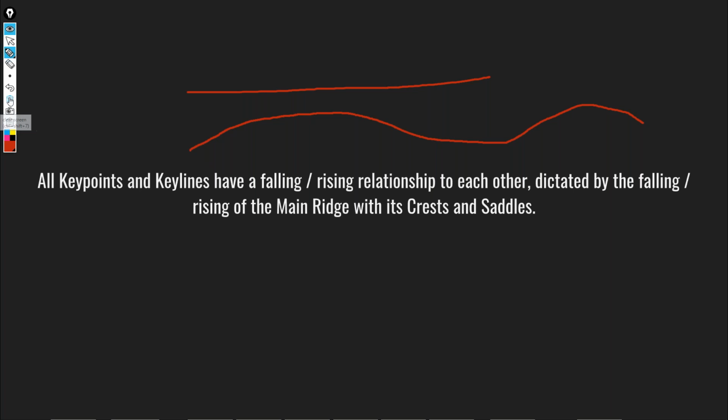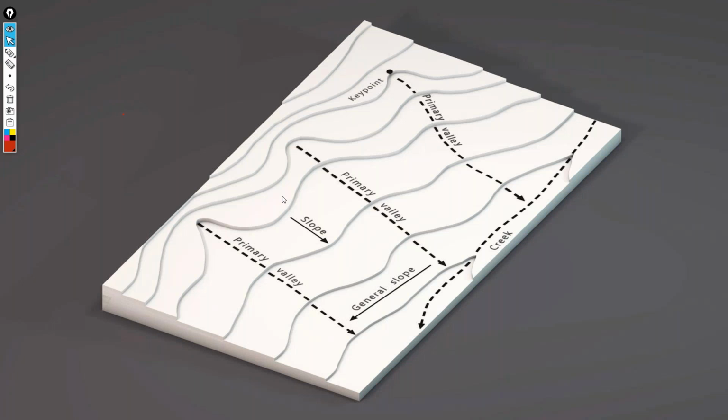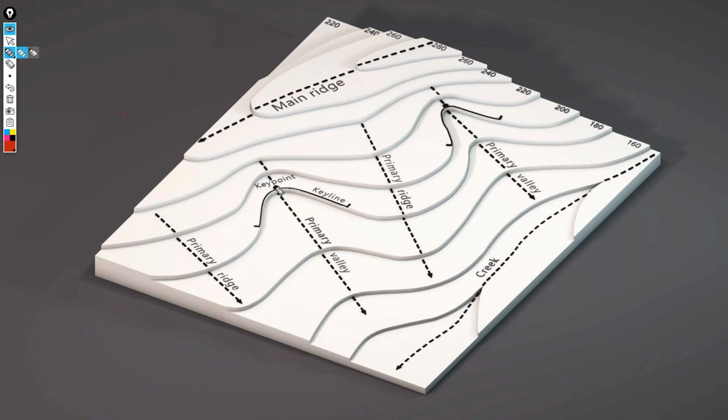So similarly, if we go back to the illustration, a key point here will be at a different elevation from a key point in the next primary valley or the one before it. So bear in mind this, because as I mentioned, there has been some misinformation going on that you can somehow extend a key line from one valley to another and it will meet another key point, and so on. This just doesn't happen. It has no logic in it.